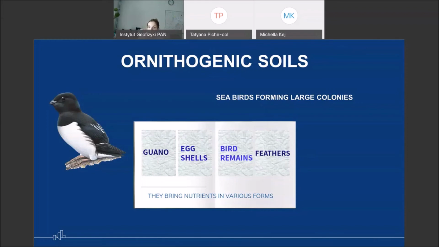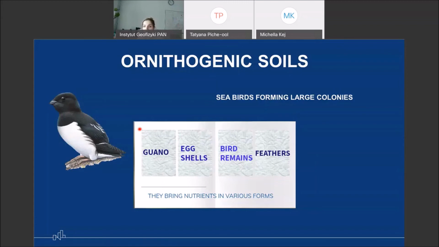In the Arctic, we owe these natural fertilizers mostly to little auks, these birds, and the fertilizer comes in the form of guano, also eggshells, dead bird remains, feathers, and all that matter brought in the large amount leads to the formation of ornithogenic soils.